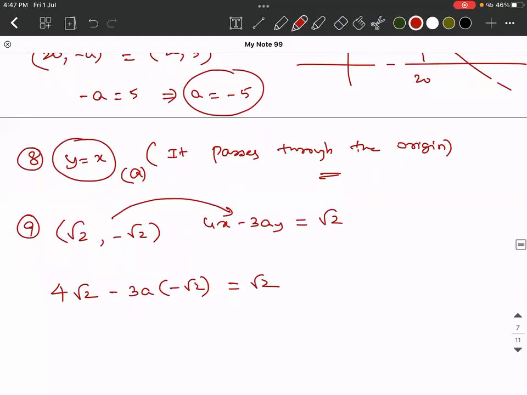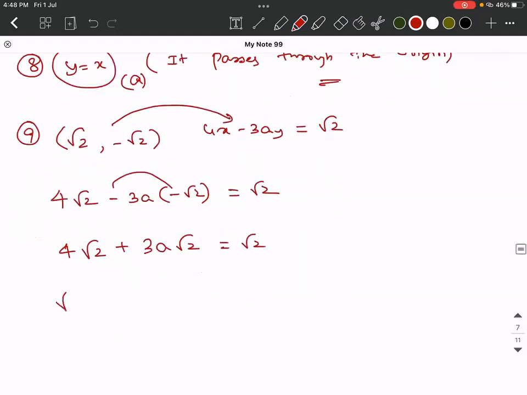So what is common on the left hand side? Can I take out root 2 outside? I'll write an additional step, you might get confused with this minus sign. So 4 root 2 minus of minus is plus 3a root 2 is equal to root 2. Accepted? If I take that root 2 outside, I'll get 4 plus 3a is equal to 1. Root 2 and root 2 are gone.